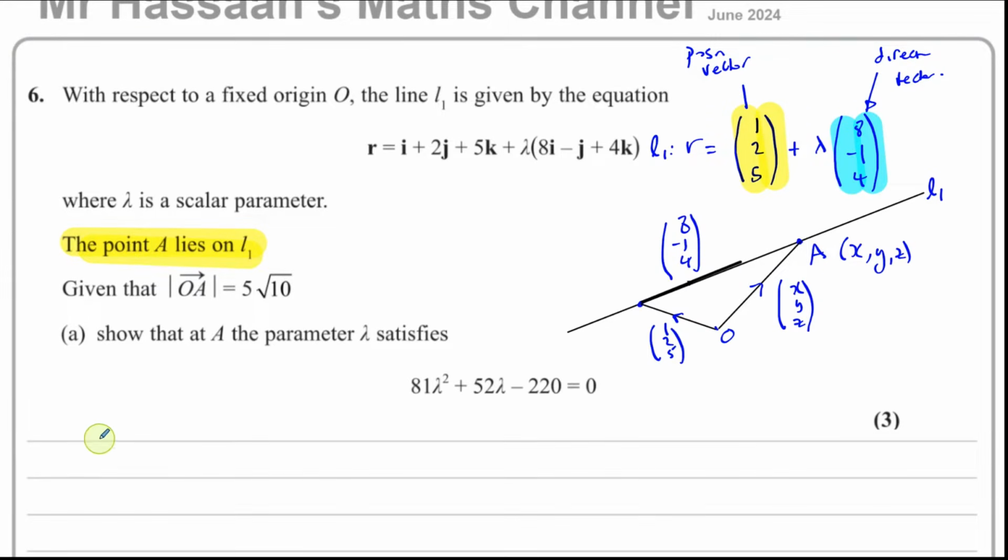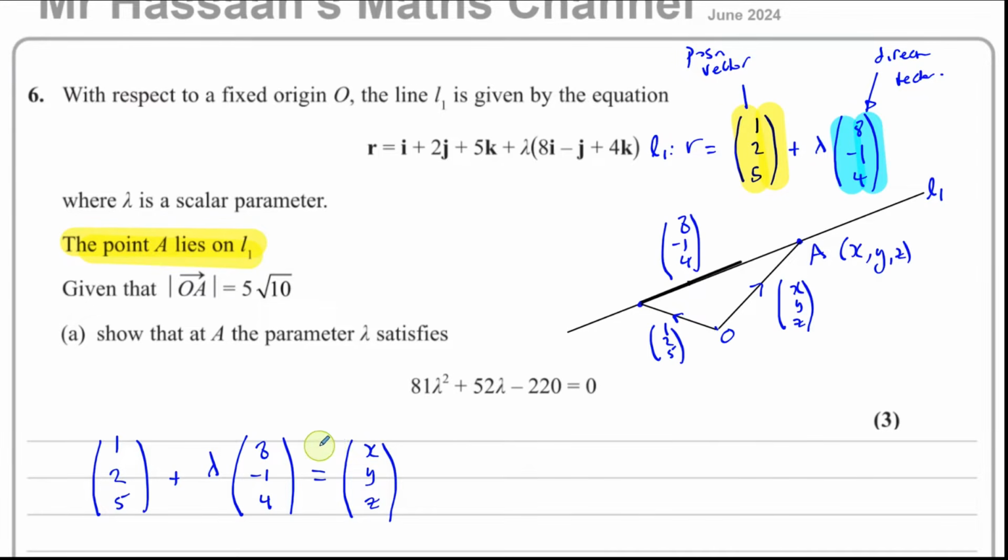That means that when we write down (1, 2, 5) plus lambda times (8, -1, 4), there's going to be a value of lambda that will take us definitely to X, Y, Z, which is the position vector of A. So we're letting this vector be X, Y, Z, and in that case, this is true.